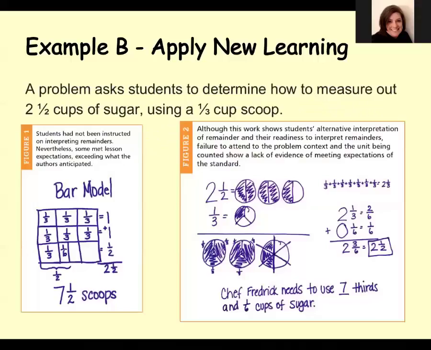And I have an example here of the kinds of things that teachers will need beyond just knowing the elementary mathematics. In this particular problem, the students were asked to measure out 2.5 cups of sugar using a measuring scoop that's 1/3 of a cup. Where students are going to struggle typically with a problem like this is how to measure out 1/2 cup of sugar using a 1/3 cup scoop.